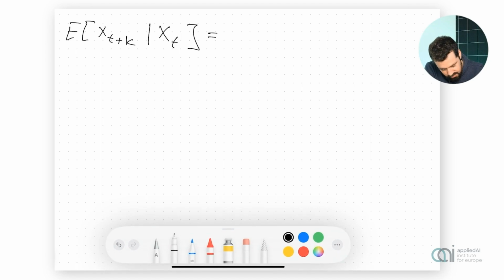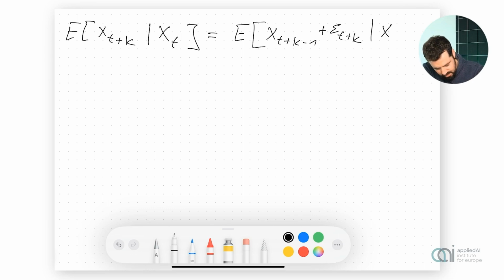So this is the expectation of x_{t+k-1} plus epsilon_{t+k}, given x_t. Now what we can do is basically repeat this process of plugging in the definition until we have x_t in the expectation.